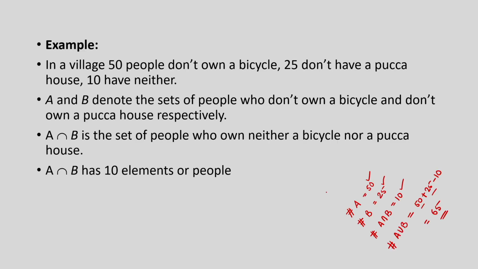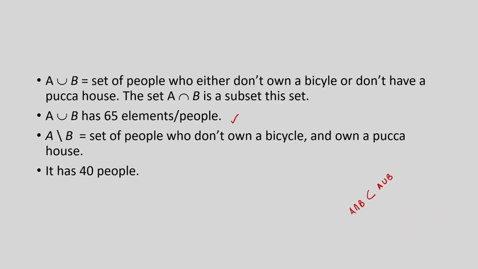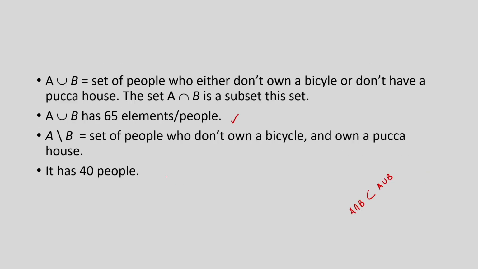That will be like 50. 50 is the total number of people who do not have a bicycle, and from that I have to take out the intersection elements. If I do that, this is 50 minus 10, so that is 40.